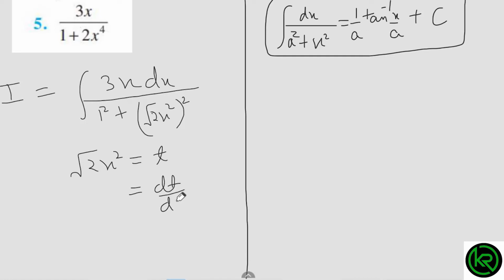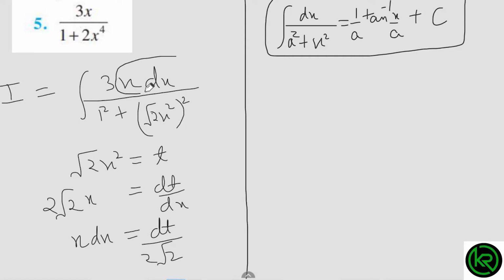You will get dt by dx equals 2 root 2 x square, whose differentiation is 2x. Okay, so we are getting x dx value equal to dt by 2 root 2. Okay, so here we got the x dx value.